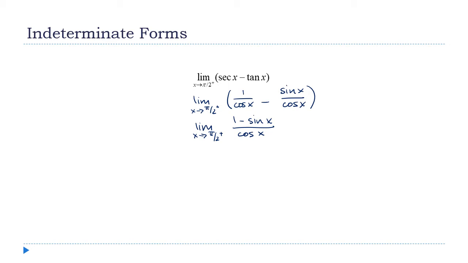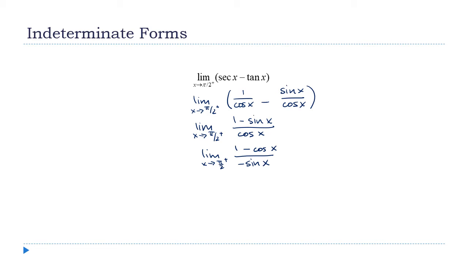If you try substituting pi over 2 in the numerator, it's 1 minus 1, that's 0. Substitute it into the denominator, cosine of pi over 2 is 0. Excellent. So L'Hopital's rule. Differentiate the top and the bottom. This is the limit as x approaches pi over 2 from the right of 1 minus the cosine of x over minus sine of x.